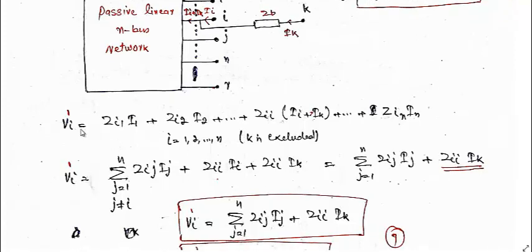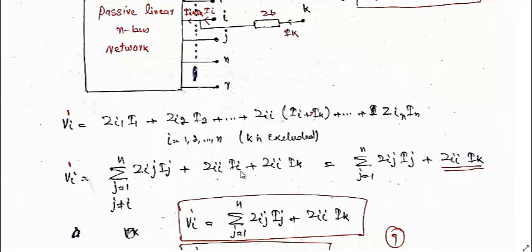So VI dash will be like this. I can represent it in terms of the summation excluding this term. So it will be the summation j equal to 1 to n, but j not equal to I, because I am excluding the ith term, of ZIJ IJ, plus ZII II plus ZII IK. These two terms together are ZII times II plus IK.